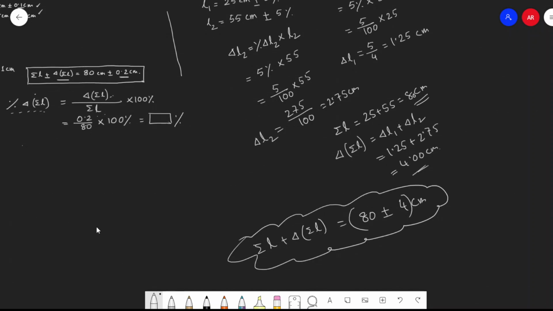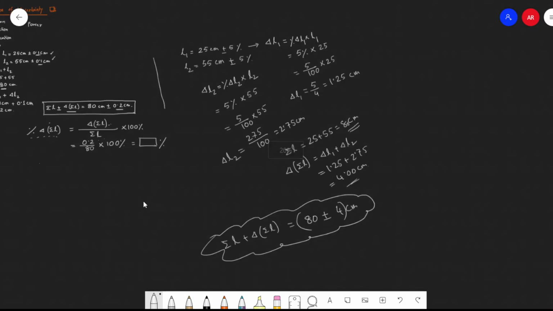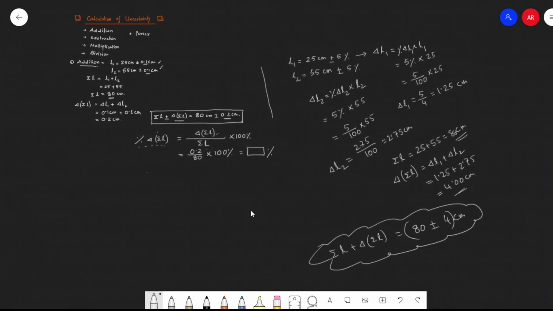So this is the addition part where we have calculated the absolute uncertainty and the percentage uncertainty of the total length. When they are added, their absolute uncertainties are just simply added.